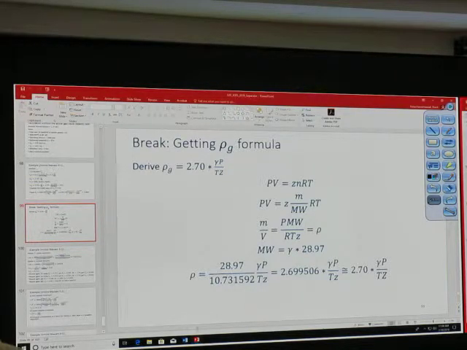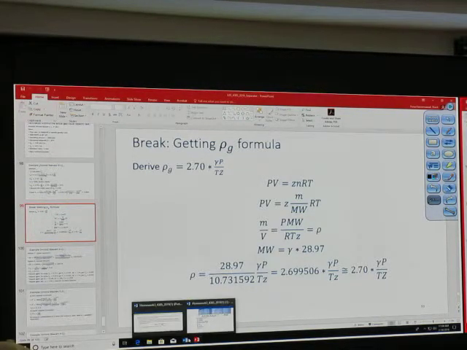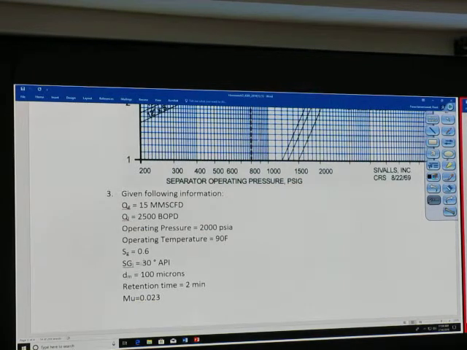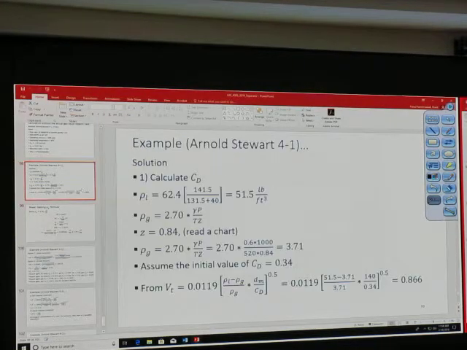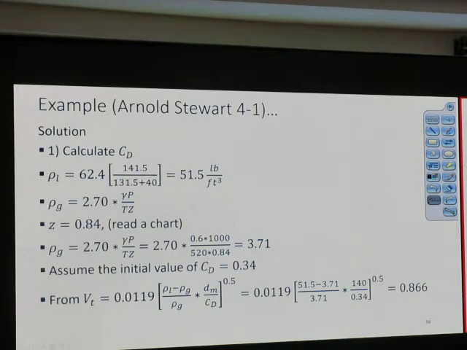Pressure, temperature, compressibility factor. Do we have all those things? We have pressure 2000, temperature, we can do unit conversion to be Rankine. Good? Alright. So we can have rho_G. What about compressibility factor?